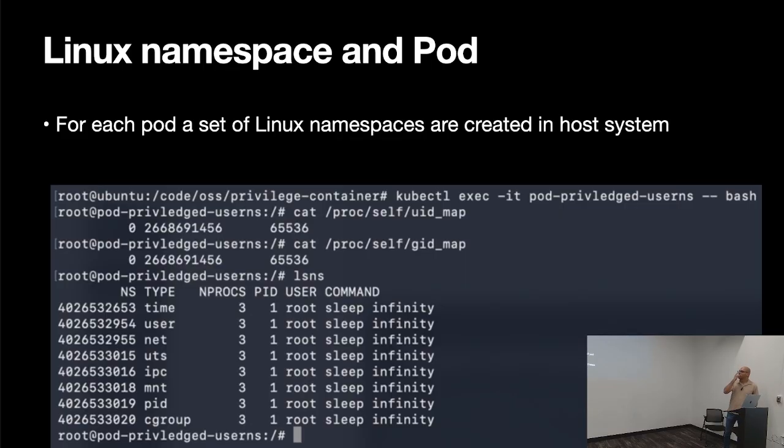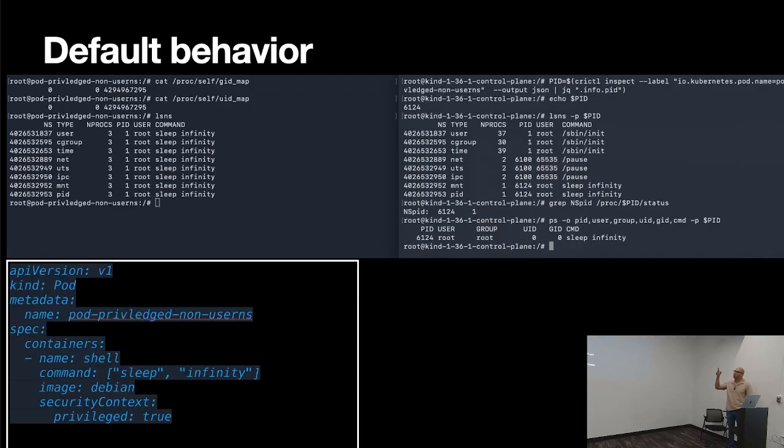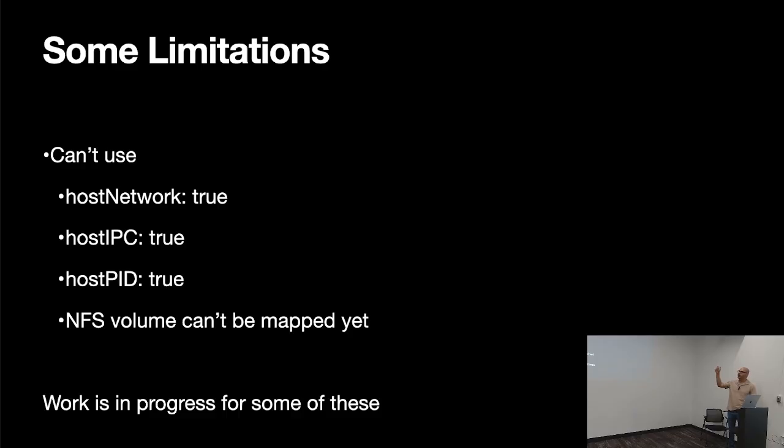So I know about two or three. I may not be an expert, but I can walk through. Host network is when you can essentially communicate with your host network as well. Host IPC is if you want to talk to some processes running on the host. Host PID essentially lets you view or interact with any other process.